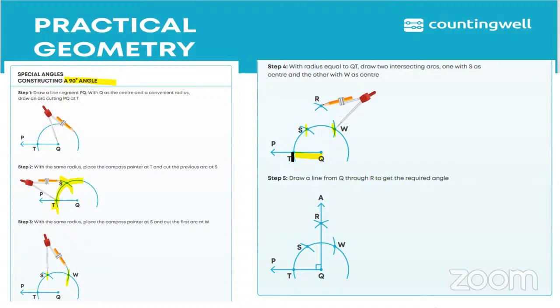So you have to take the length equal to TQ on the compass, and then without disturbing it, keep the pointer first at S and draw an arc, then at the point W, draw an arc. These two arcs will intersect at a point R. Then you have to draw a line from Q passing through R to get the required angle. So in this way, you will get a 90 degree angle.